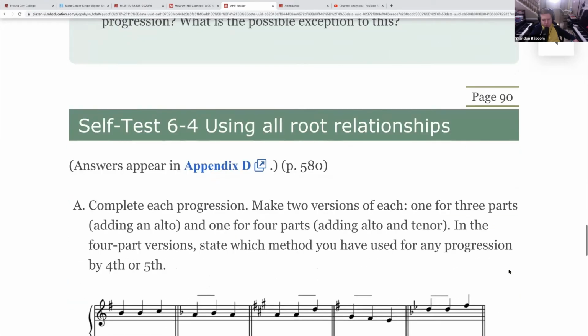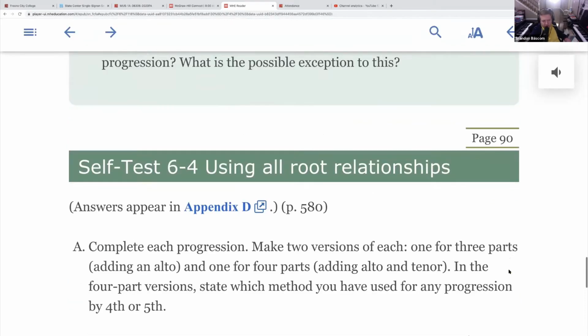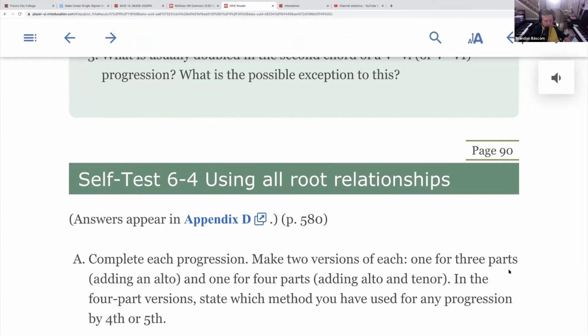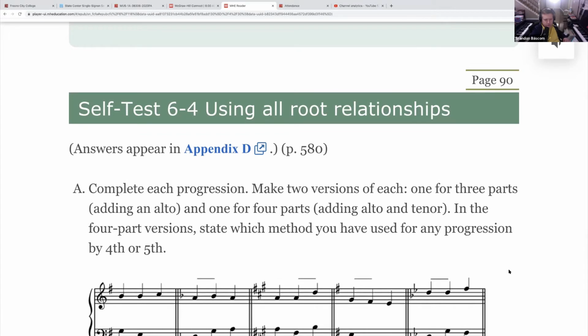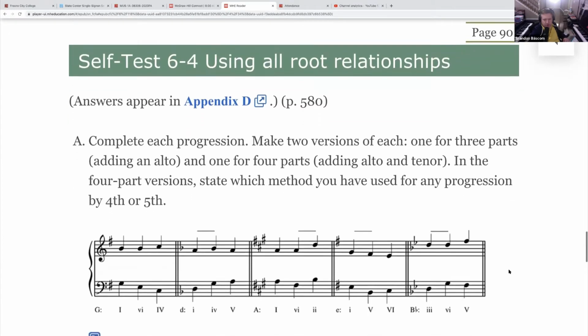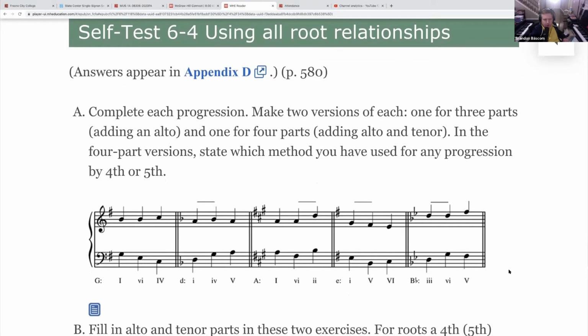All right. We are on to self-test 6-4. We're going to use all the root relationships which we've been given, moving by fourths or fifths, thirds or sixths, seconds or sevenths. They want us to complete this progression. They want us to do one example in 3-part writing and one in 4-part writing. I'm saying we're only going to do it in 4-part writing.